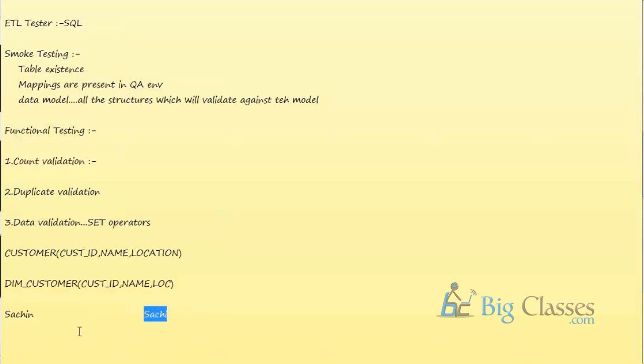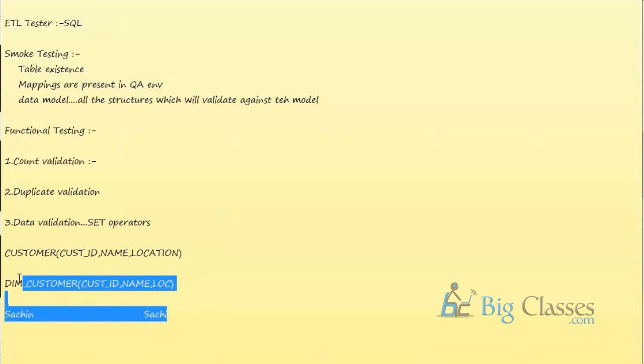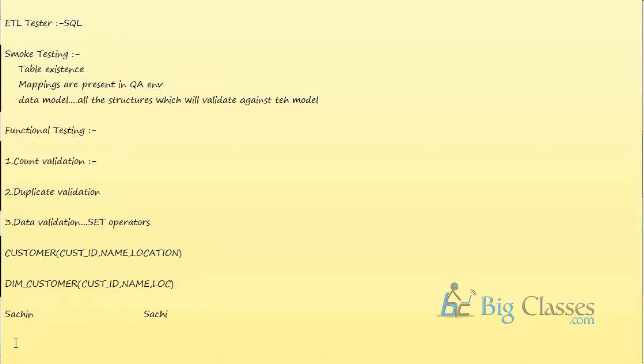So there is a data mismatch between your source and the target. Using this data validation technique, you are going to identify how many records available in the source are not matching with the target. That we are going to determine with the help of data validation.